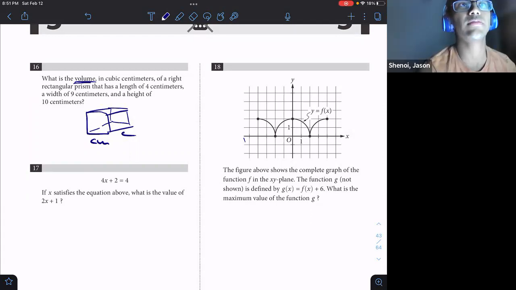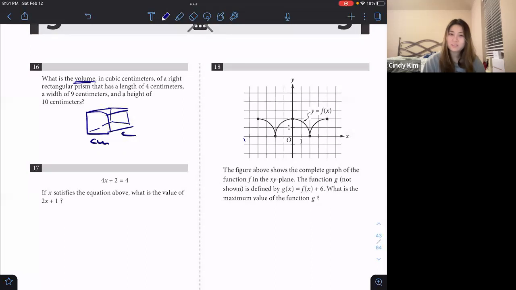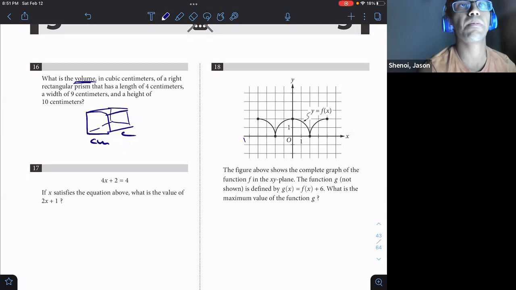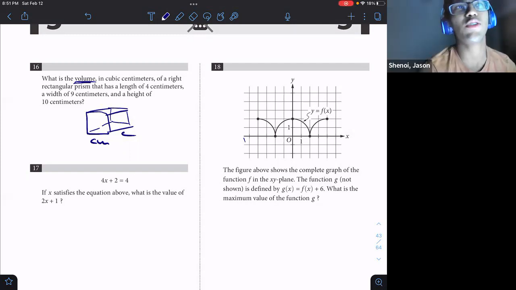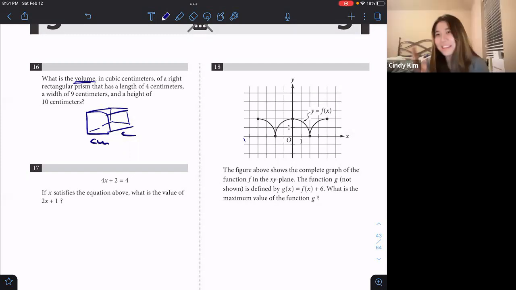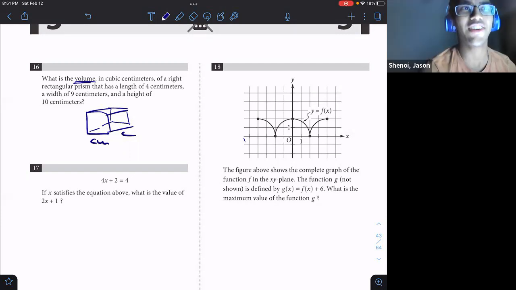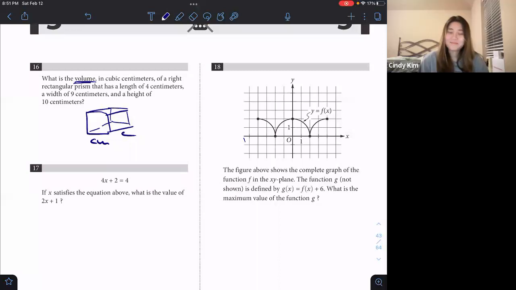Length multiplied by width. Very good. So length multiplied by width is your area. You're adding a dimension, height, to solve for the volume.